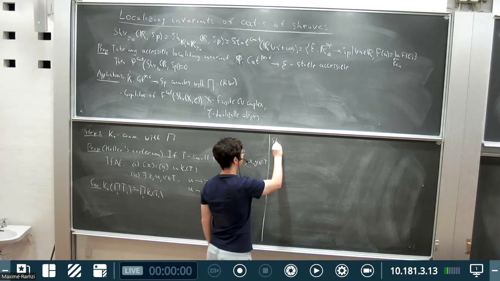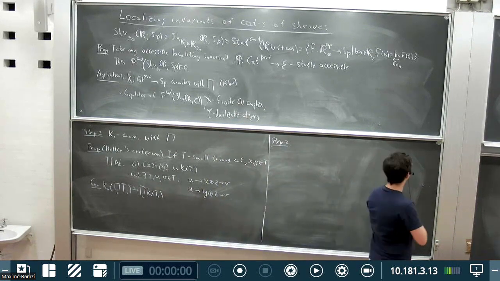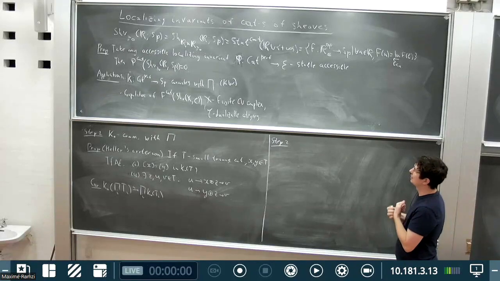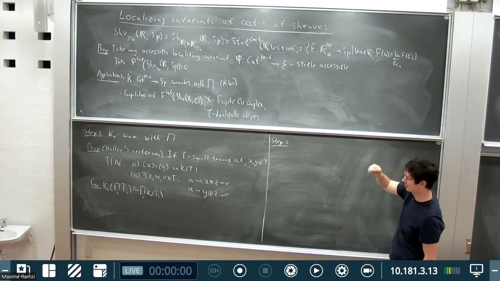So step 2. Recall that we can describe this category using functors not from real numbers but just from rational numbers.